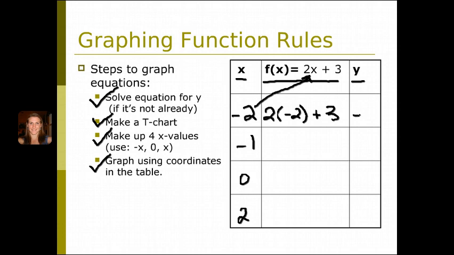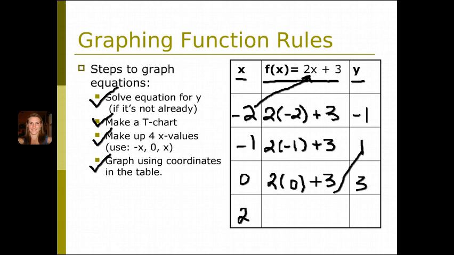So my y value is -1. 2 times -1 plus 3 gives me a +1. 2 times 0 plus 3 gives me a +3.